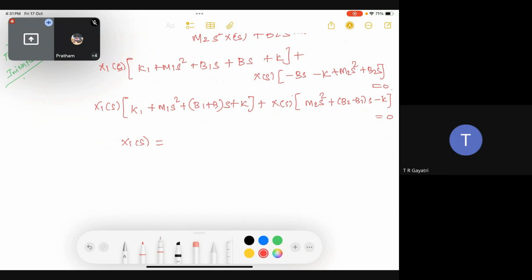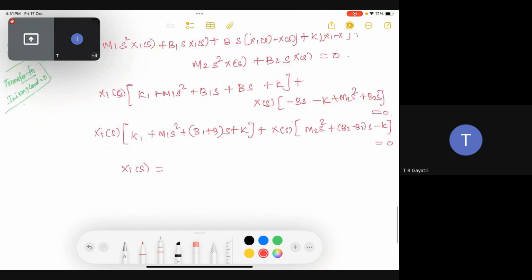Did I make any mistake? F is missing. Which one am I missing? Force F. No, finally that F of t. Okay, the force, I'm missing this.